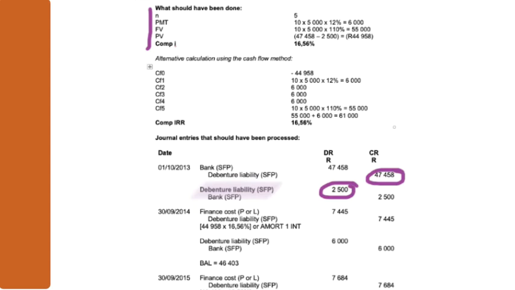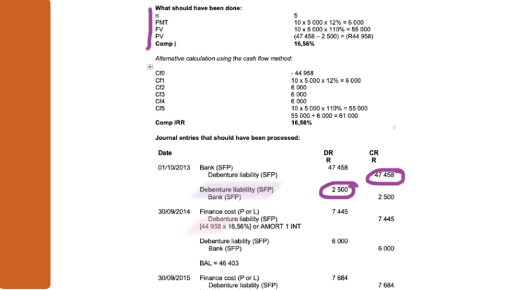So if we have a look at the interest journals at the end of 30 September 2014, the journal entry debit finance cost, credit debenture liability, that was correct. They did do that, but the amount is wrong because we start with balance on the T account.